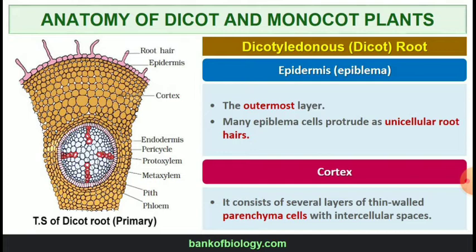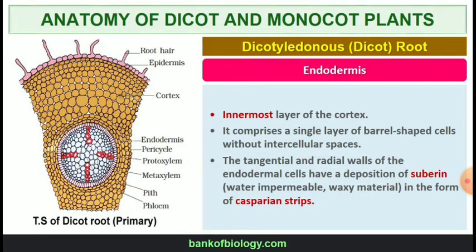Cortex is nothing but your ground tissue. It consists of several layers of thin-walled parenchyma cells with intercellular spaces. Endodermis is the innermost layer of the cortex.